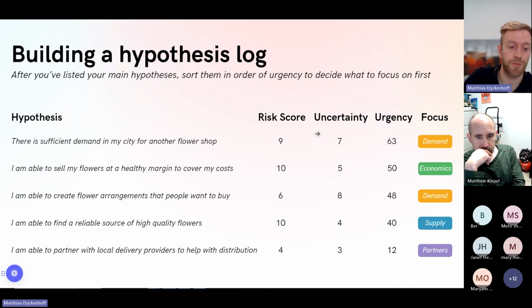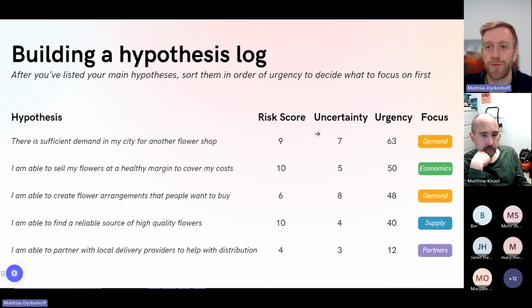In this case, one example, the bottom one for partnership. Say I'm looking at partnering with Uber or other delivery partners to distribute my flowers. The risk score is low because if I don't partner with them, there are other ways to distribute my goods, right? Maybe I start my own delivery, maybe I'm more regional, or I have franchise locations.